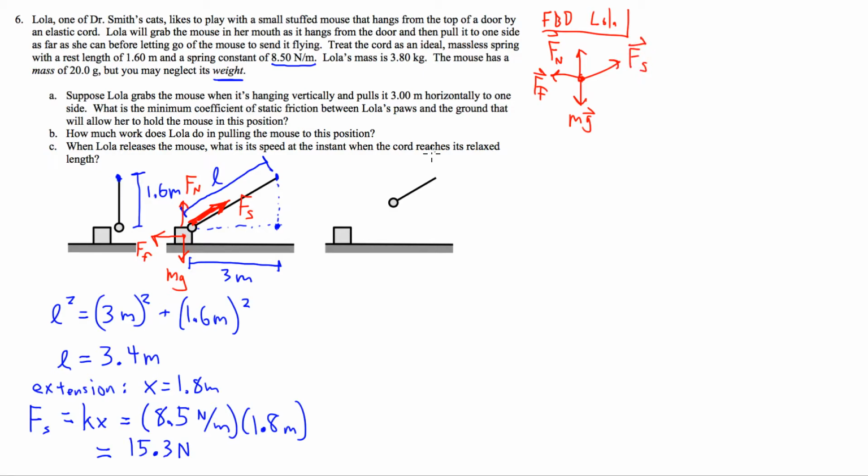And I'm going to define some angle to use here, you pretty much have to. So I'm going to say this angle theta here is what we're using. Theta, in fact, we can figure out very easily. We don't even have to figure out theta, we can just get its trig functions from this diagram here.